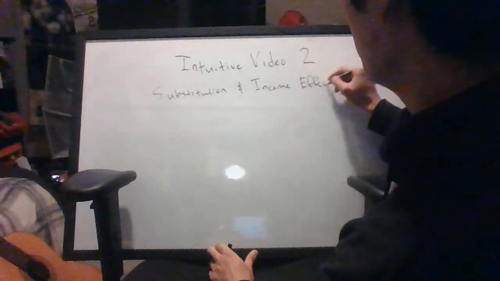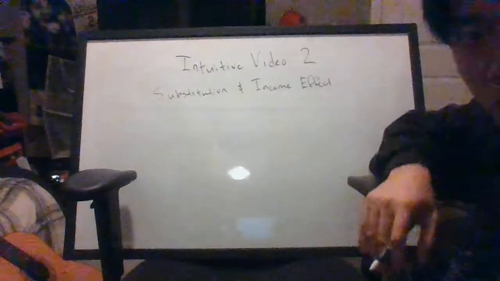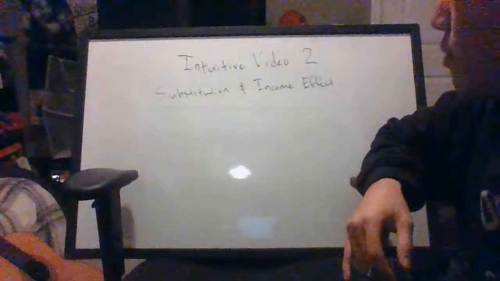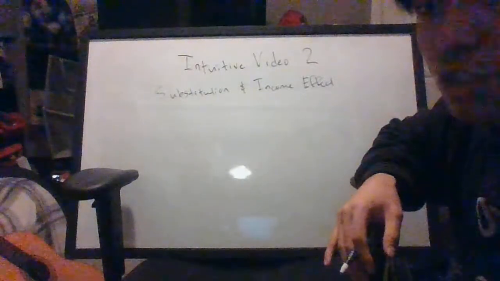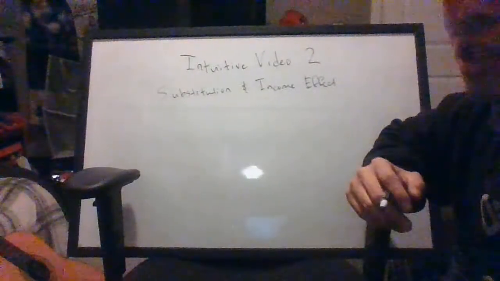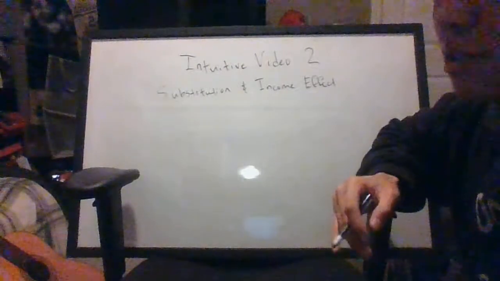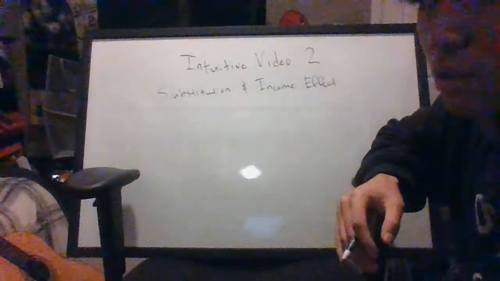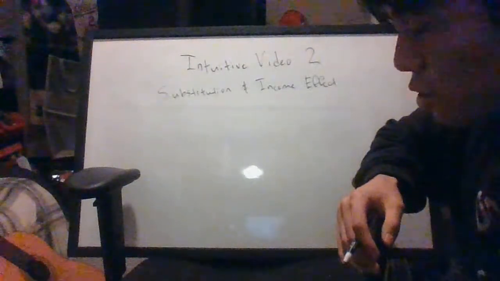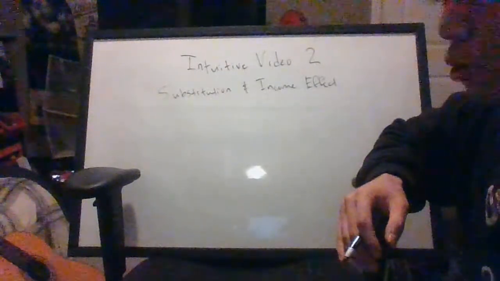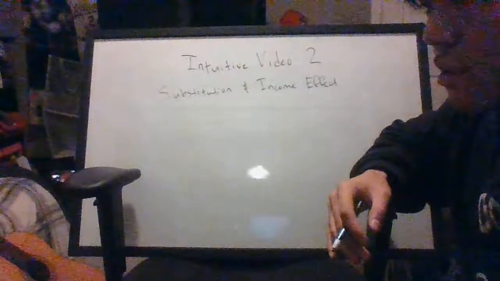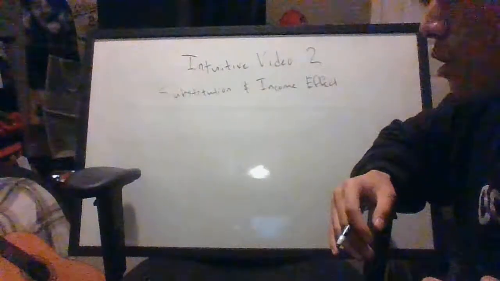Okay. So the reason why we track substitution and income effect is because prices change, and when prices change, we demand different combinations, right? So you look at maybe a setting in which you're going to the grocery store. You're normally buying two different things. The price of one thing goes up.